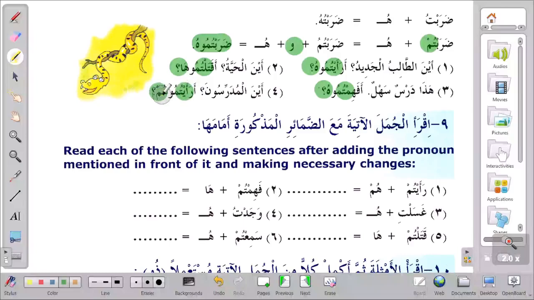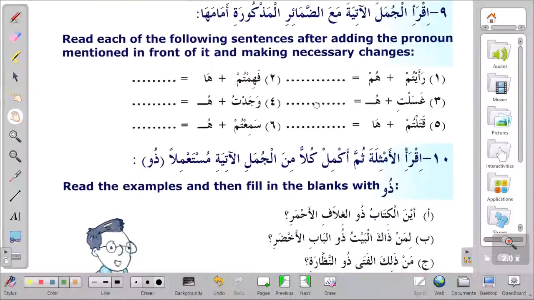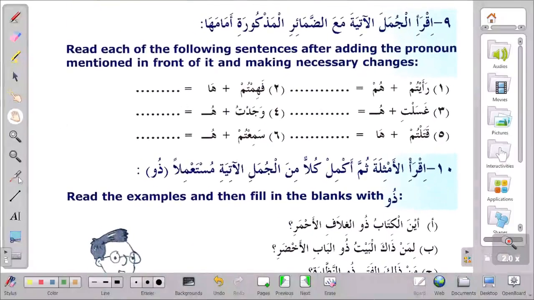But as I just explained, if you have a verb ending with tum, with the pronoun tum, and then you want to attach an object to the verb, you can't attach it directly. You have to add wow. Oh, that is clear. So that exception is only for tum, the dhamir al-muttasil of antum.